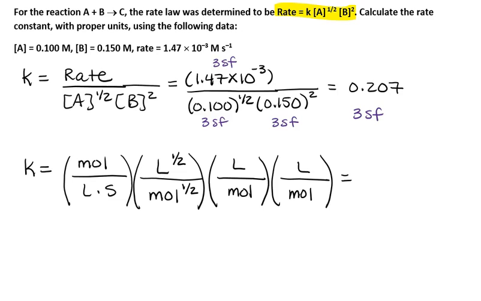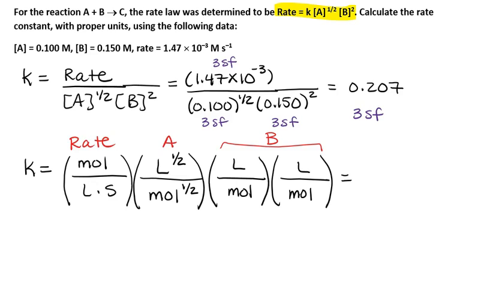Let me label my terms. So this was my rate, this was my A, and both of these were B because of the squared term. That's the only time that I will replicate one of the terms: if it's a squared or a cubed.